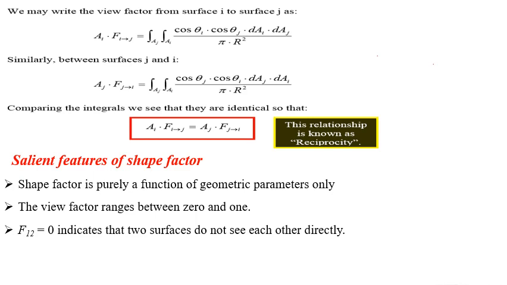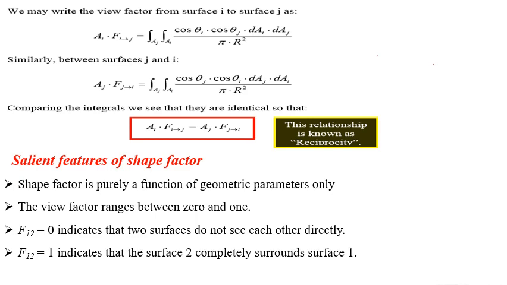F1-2 equal to 0 indicates the two surfaces do not see each other directly. That is one more salient feature of the shape factor. And F1-2 equal to 1 indicates that surface 2 is completely surrounded by surface 1.